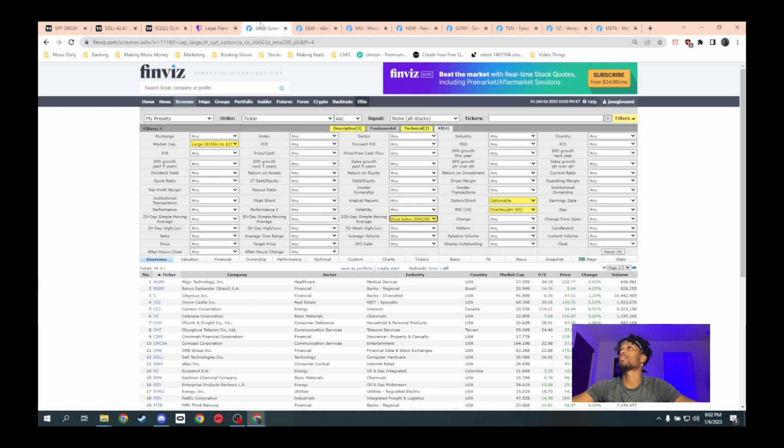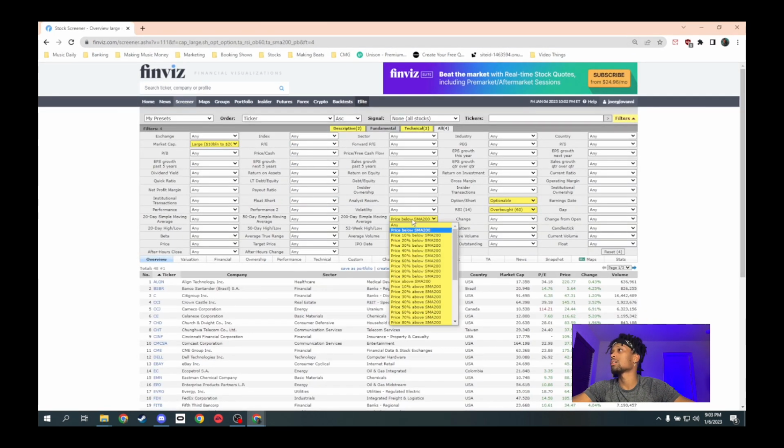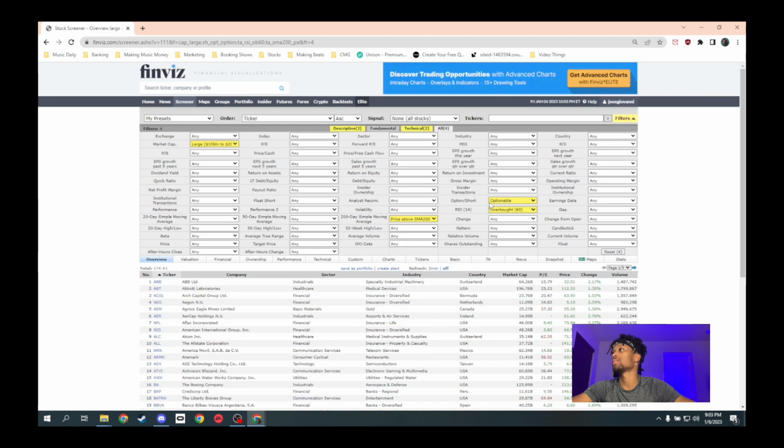Okay, so now we got those ones open. So now let's move this to a different tab. Boom. And now we're going to price above the 200. That's optionable. And that's oversold.